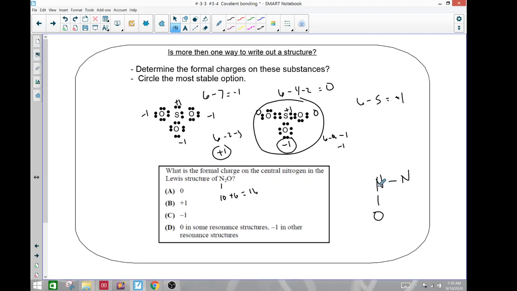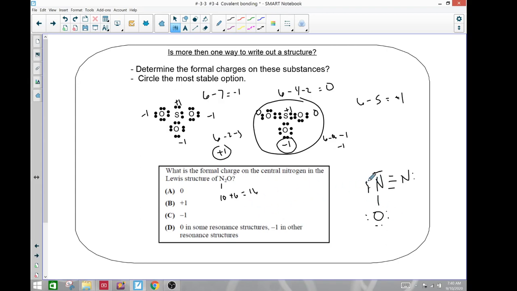So 2, 4, 6, 8, 10, 12, 14, 16. I'm going to do it like this instead because of the typical number of times that it bonds. This guy's short 2 pairs, and this is pretty typical behavior of nitrogen bonding 3 times, so like that. Again, you could rewrite it in a few ways, but you're not going to get anything different here.